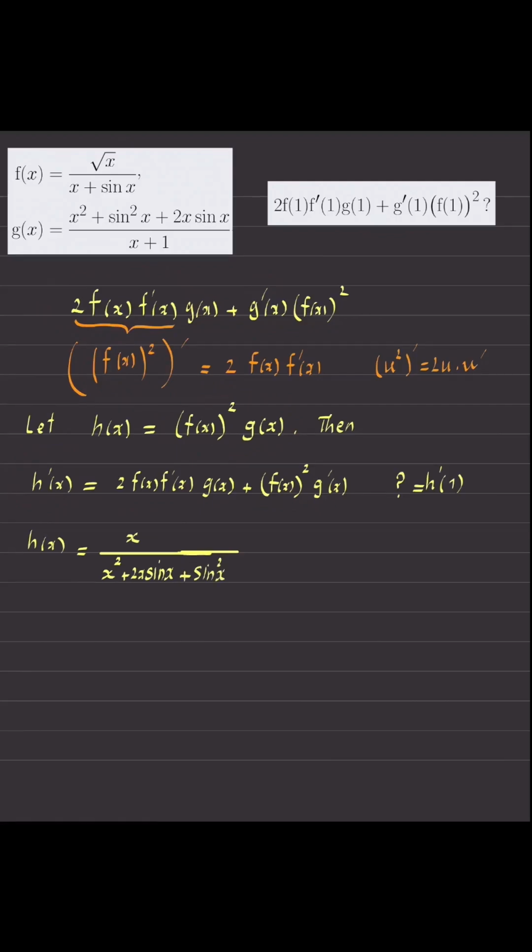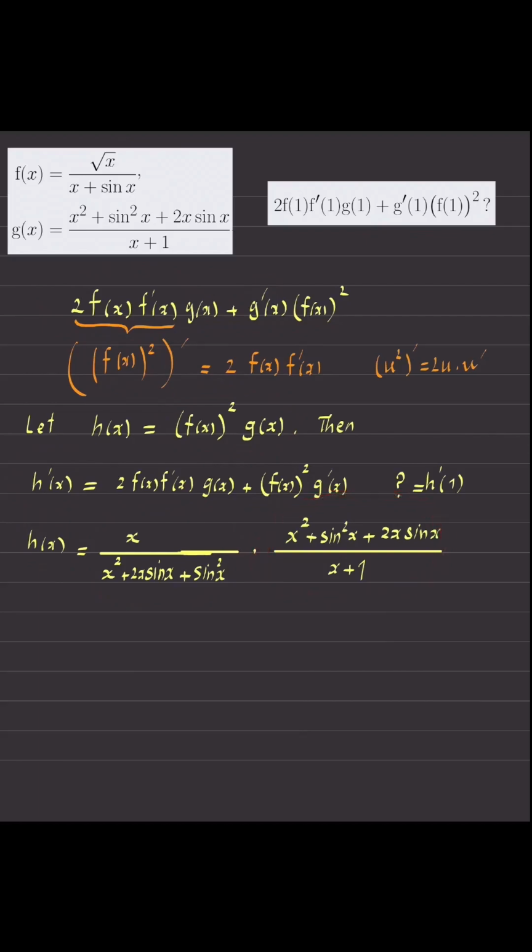And now multiplied by g of x itself. So I copy and paste g of x here. So what I did, h of x is f of x squared, which I wrote here, multiplied by g of x, which I wrote here.